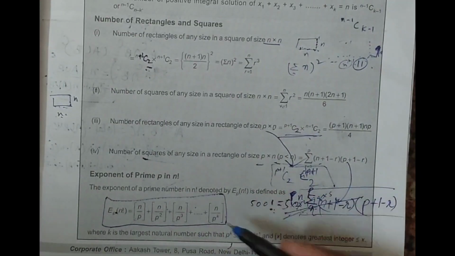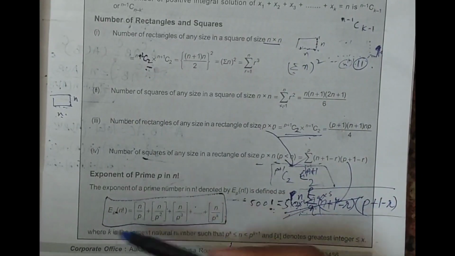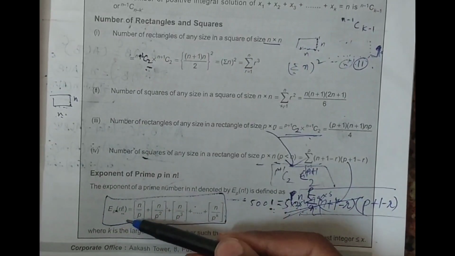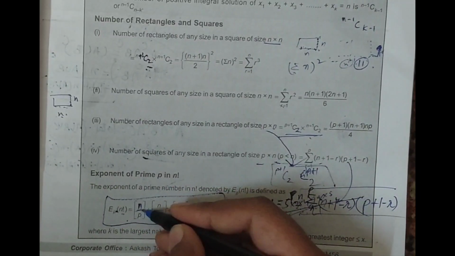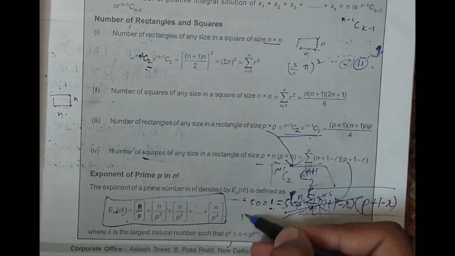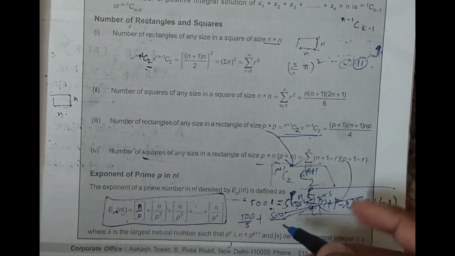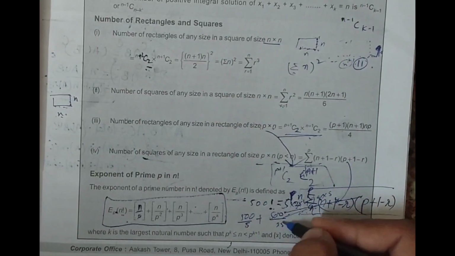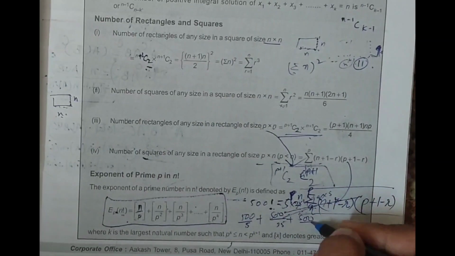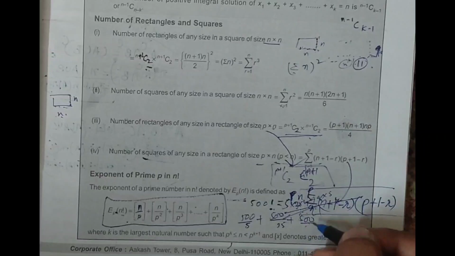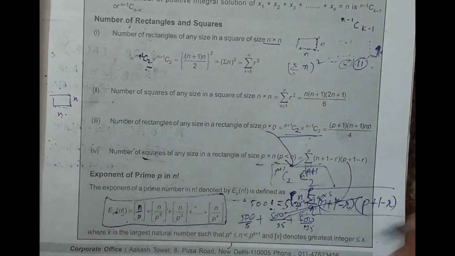Here we have to find the highest power of p, so it will be n upon p. Suppose n was 500 and p was 5, then it is 500 upon 5 plus 500 upon 25 plus 500 upon 125, and so on.